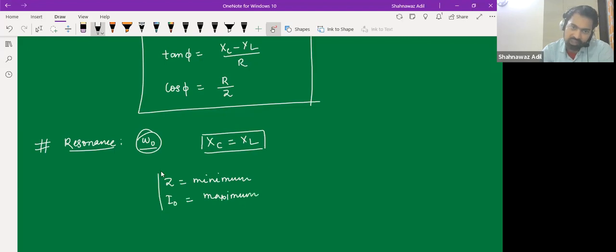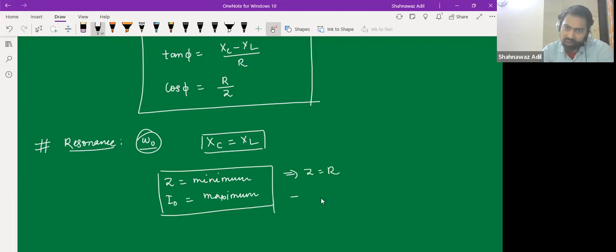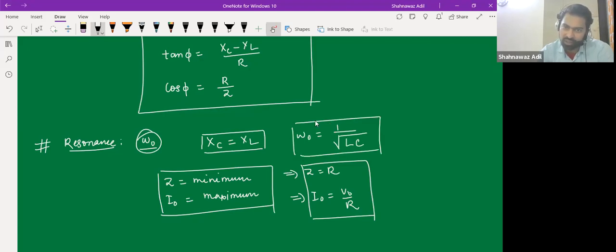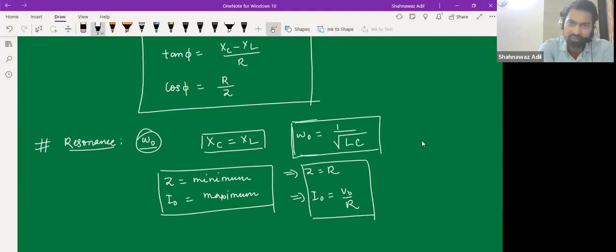So this Z became R, and this I naught became V naught by R. So this was the idea, right, guys? Where this omega naught was 1 by root LC, right? This was the idea.